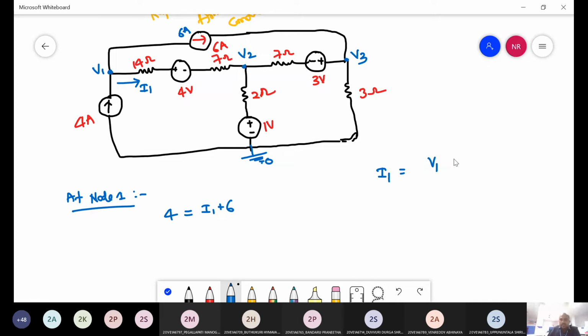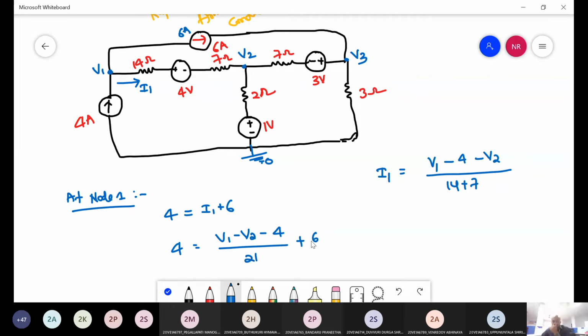Minus 4, then minus V2 divided by the resistors 14 ohms and 7 ohms. 14 plus 7 is how much? 21. That is the I1. So here 4 is equal to (V1 minus V2 minus 4) by 21 plus 6. Right? This is equation 1.